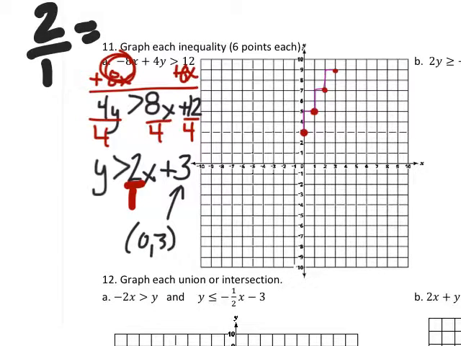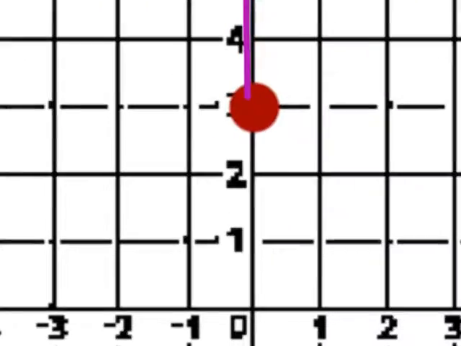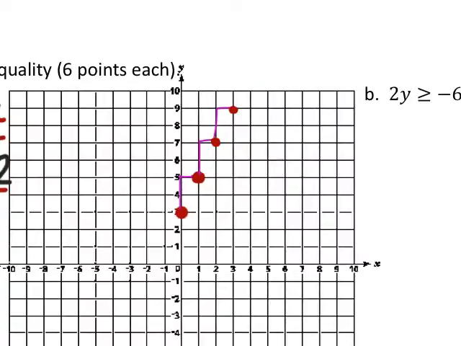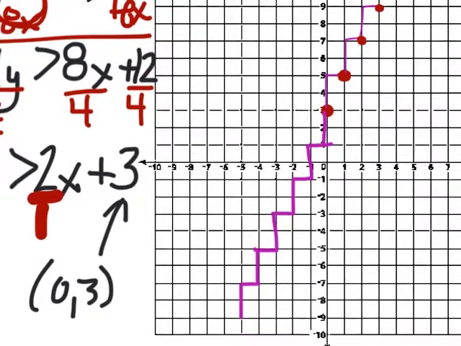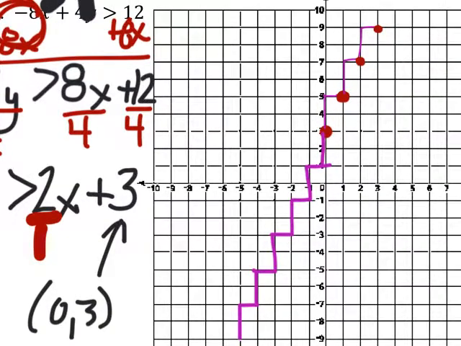If I wanted to make this take us to the left, I would just make both the 2 and the 1 negative. What that's going to do is, since we have negative values, I'm going to go down 2 and to the left 1, down 2 to the left 1, and I'll create this staircase, and you'll see that it makes the pattern consistent with the points on the right.